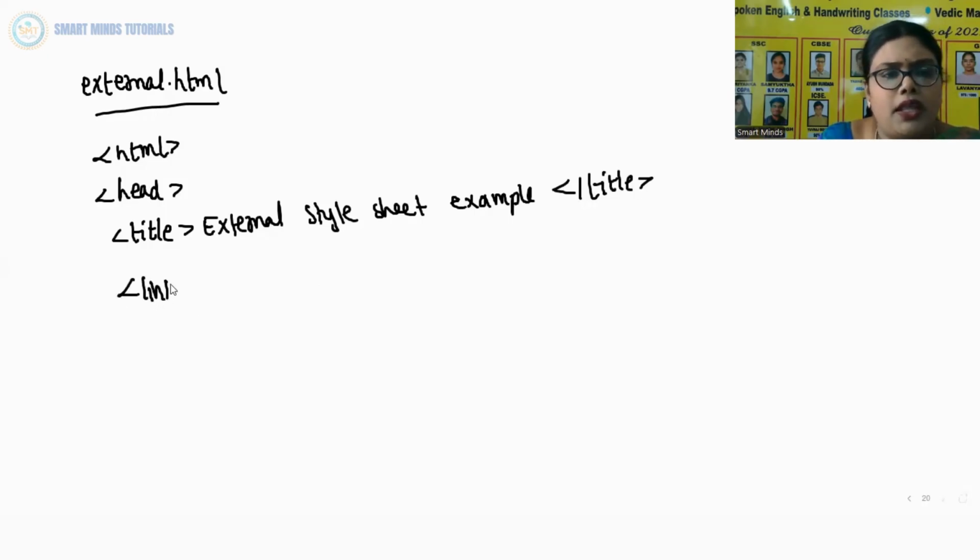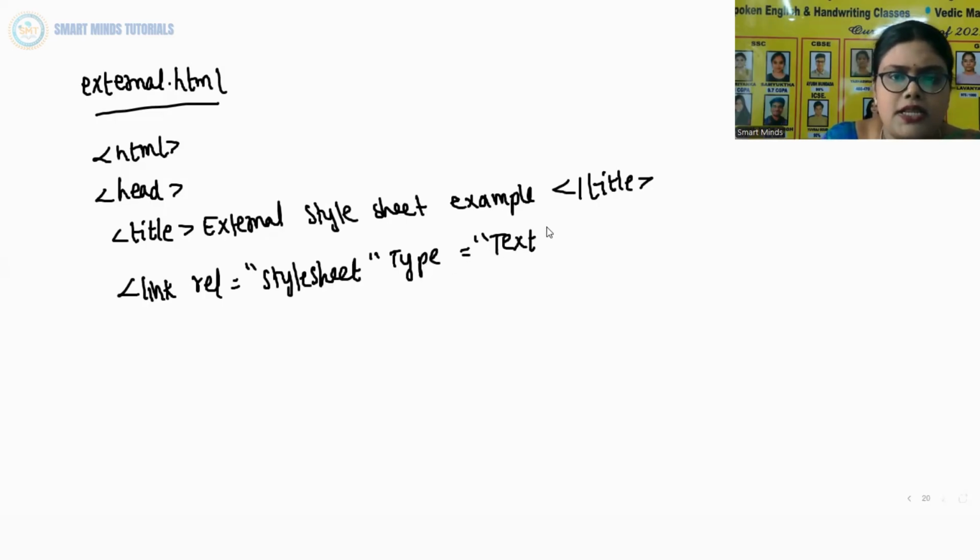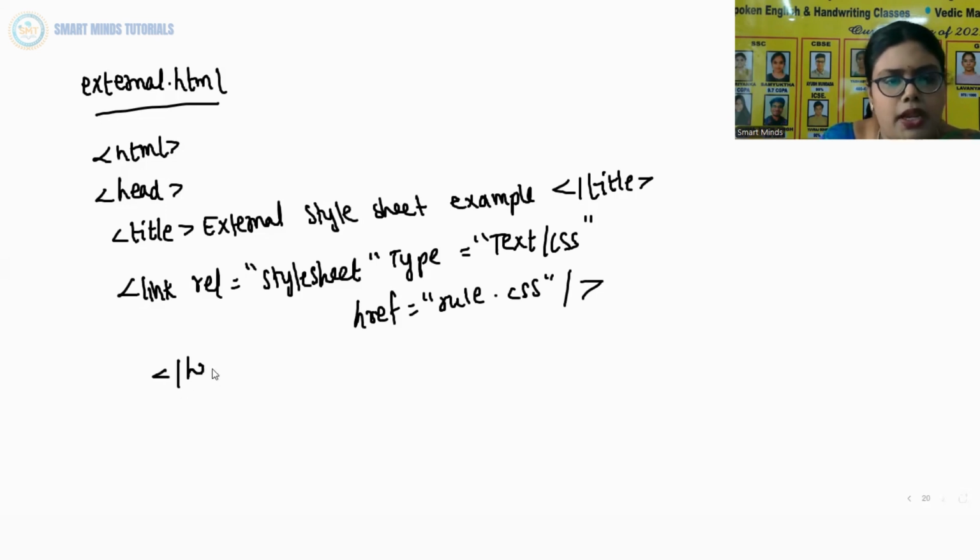Now we give the link element. The REL attribute is equal to stylesheet, type is equal to text/css, href is equal to rule.css. Now close the head, open the body.